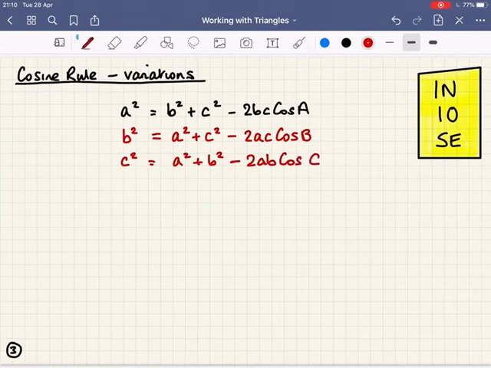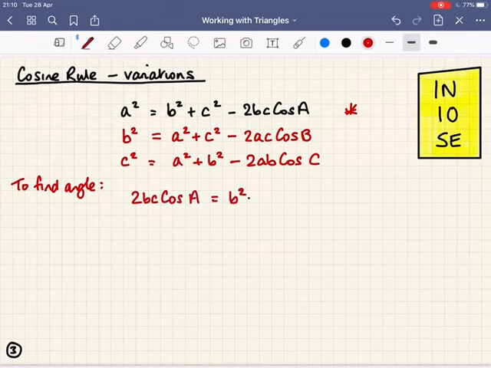So these are all ways that if I've got two sides and an included angle, I can find the third side. But what if I wanted to find an angle? Well, I can just rearrange the formula. So if I go with the first formula, I could rearrange this one and find that 2bc cos a, if I move that to the other side, is equal to b squared plus c squared minus a squared.